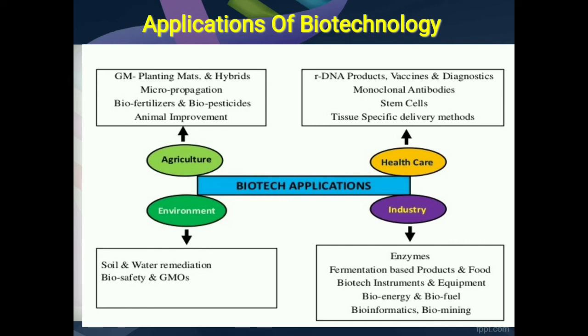Also in healthcare, like disease identification. Also in the environment, like soil and water remediation, and biosafety. And also in industries for different equipment, instruments, fermentation processes and bioinformatics. So in different fields there are different applications of biotechnology.